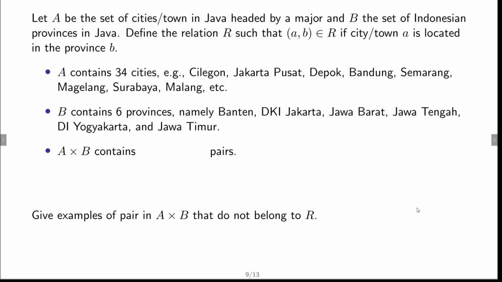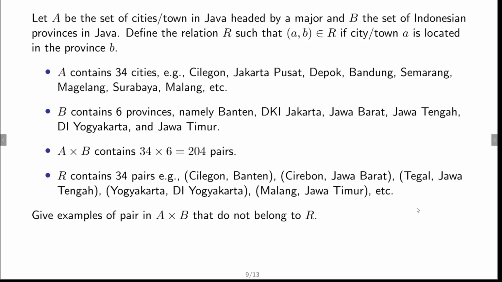Now, because A contains 34 elements and B contains 6 elements, A times B contains 34 times 6, which is 204 pairs. Now, among these 204 pairs, only 34 pairs actually belong to R.